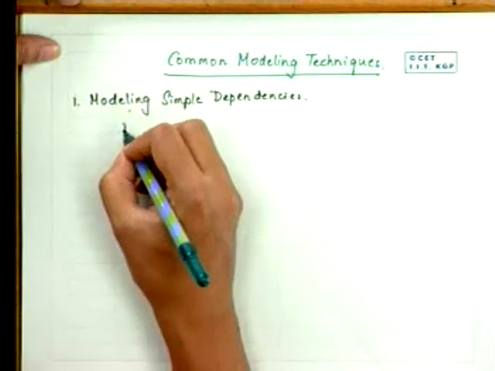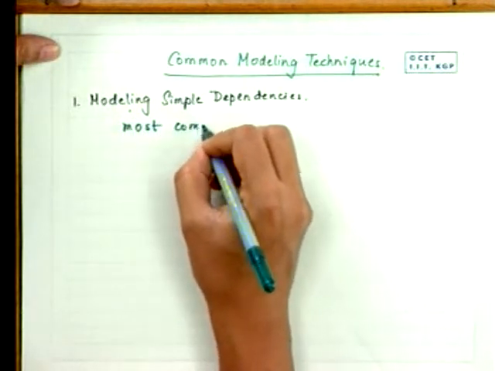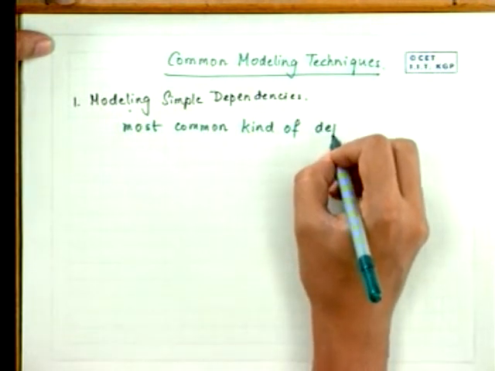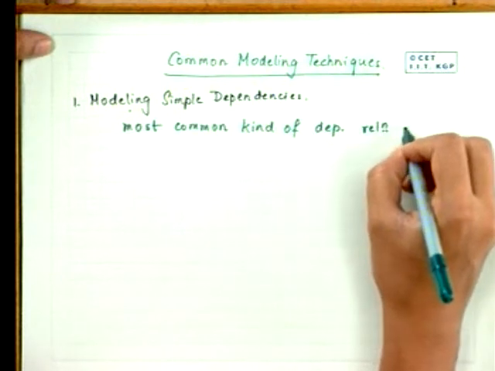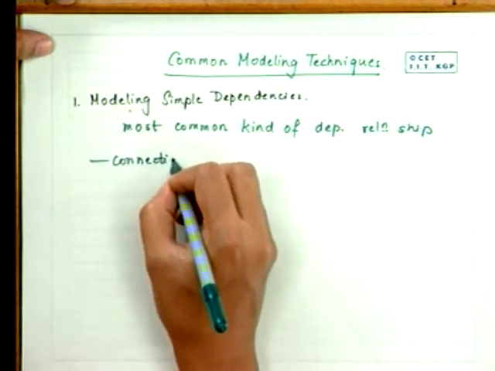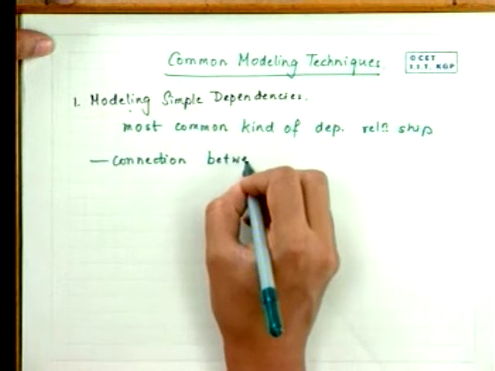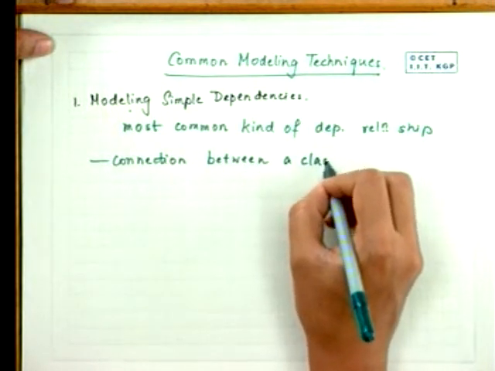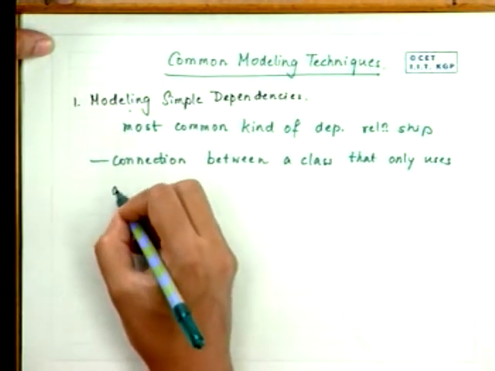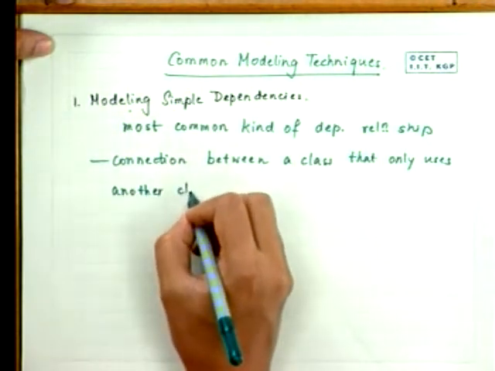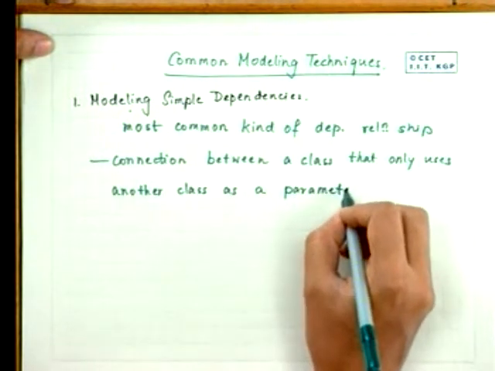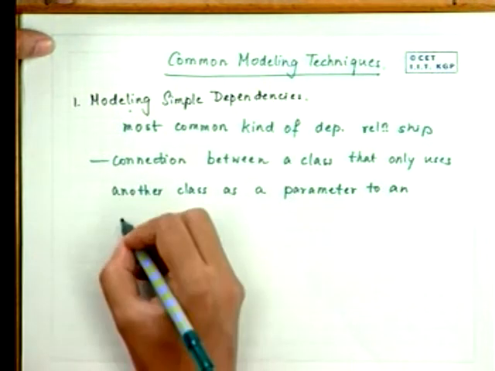So the most common kind of dependency relationship is a connection between a class that only uses another class as a parameter to an operation.